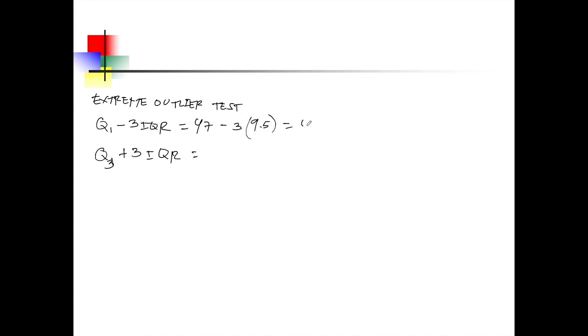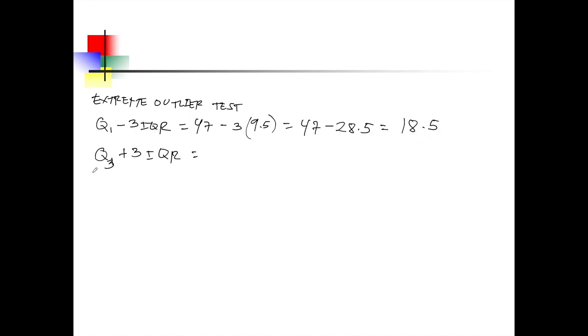I hope you have your calculator with you so that you can have your computations with me. 3 times 9.5 is 28.5. And 47 minus 28.5 is actually 18.5.